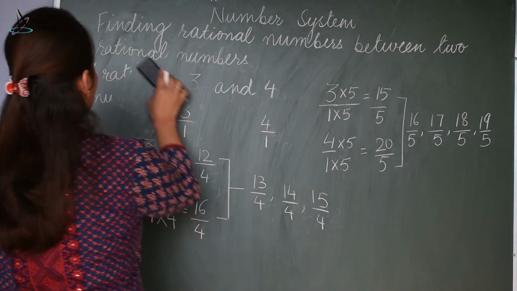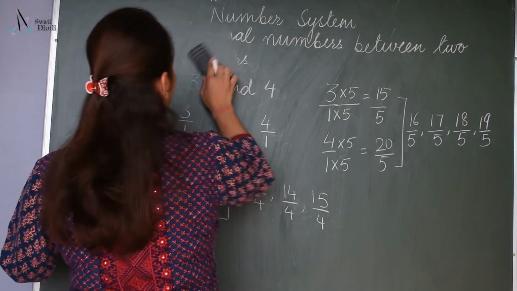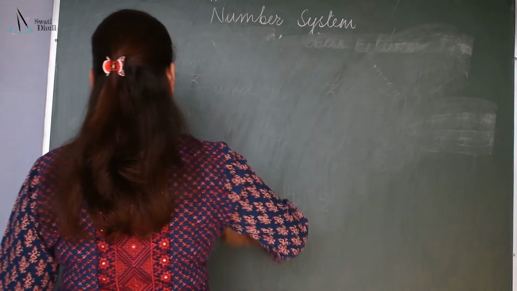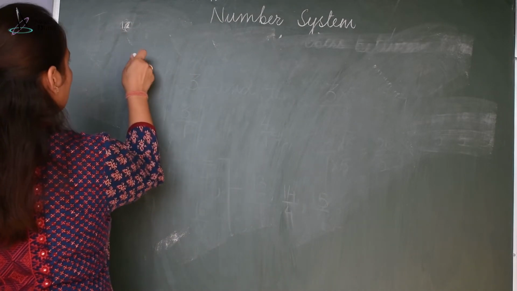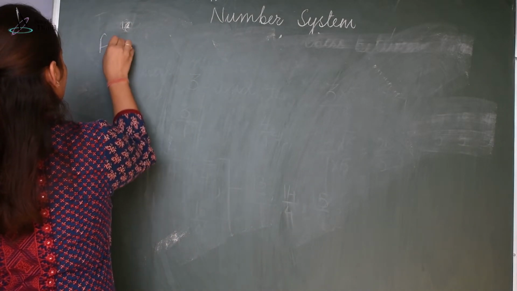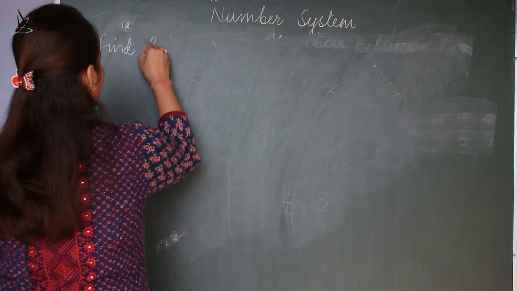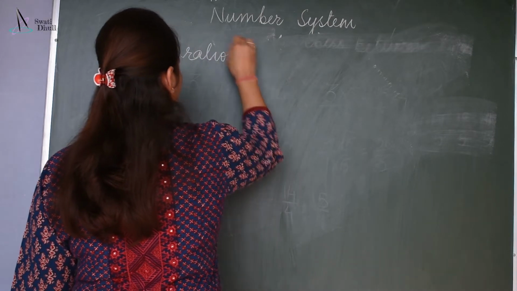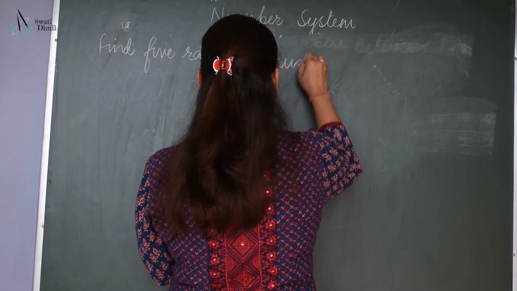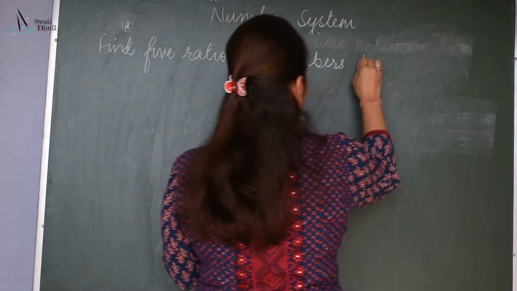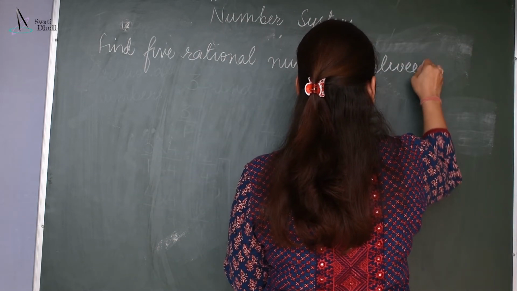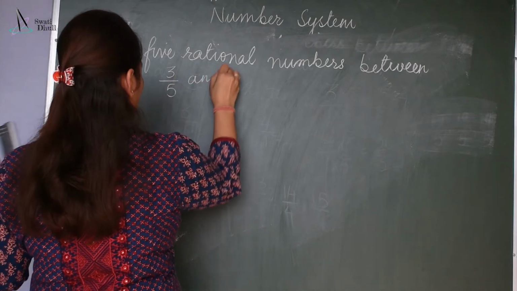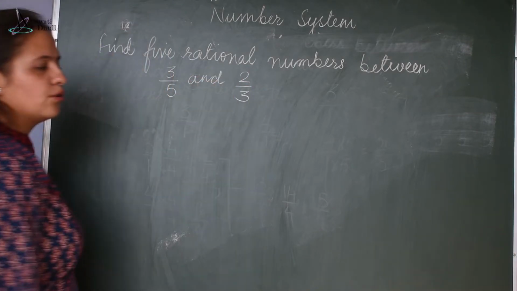Now let's take another example where your denominators are different. Find, let's say, 5 rational numbers between 3 by 5 and 2 by 3.